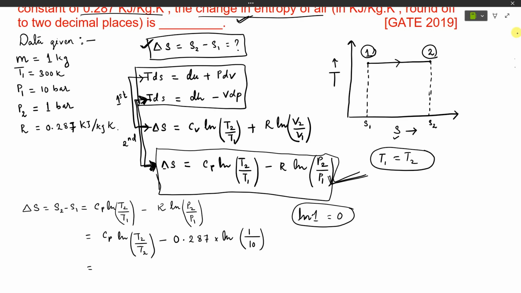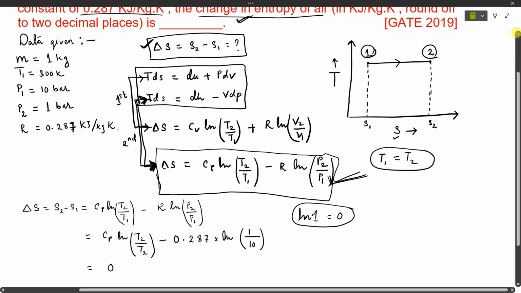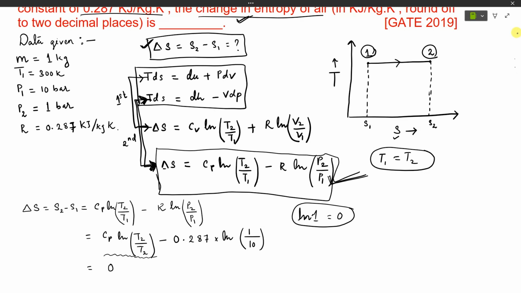If you substitute ln 1 as 0, then Cp into 0 becomes 0. So the term Cp ln T2 by T2 becomes 0, minus 0.287 ln 1 by 10.